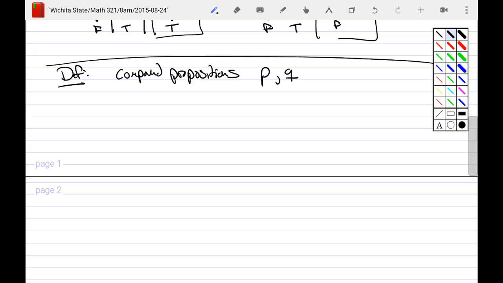So compound propositions P and Q are called logically equivalent if the exact same initial conditions cause the exact same truth values. But we have a test for that.